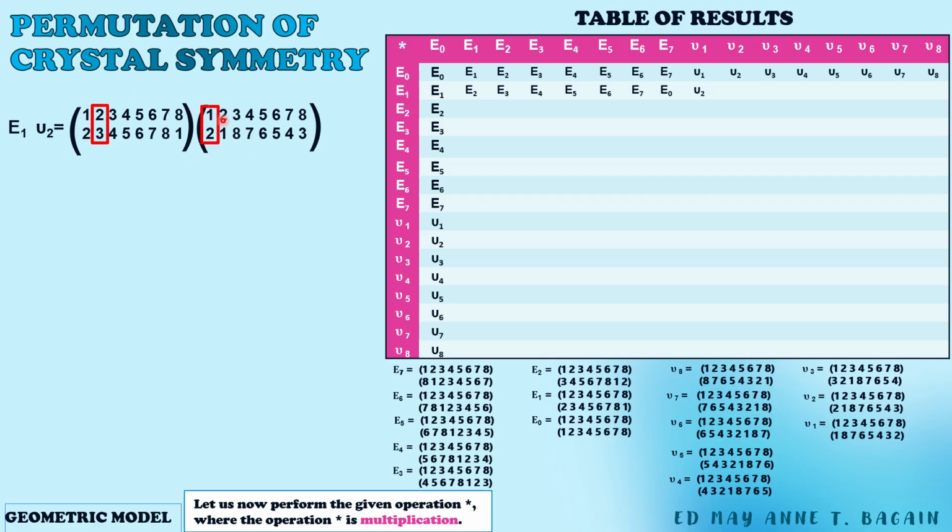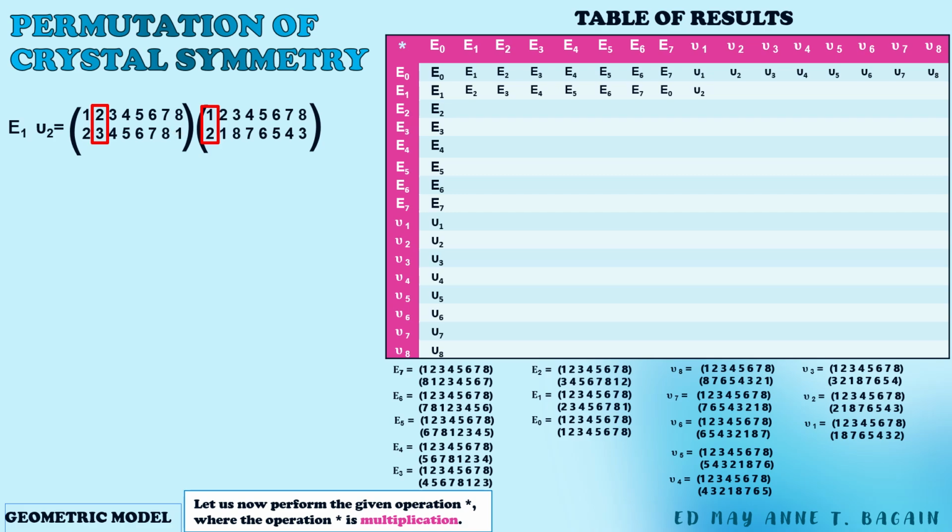So we can see that the new one can be seen at the 2 of the first part of the equation. So the new one would be 3. And the new 2 can be seen at 1. So the new 2 is 2. And then the new 3 can be seen at the 8. So the new 3 is 1.